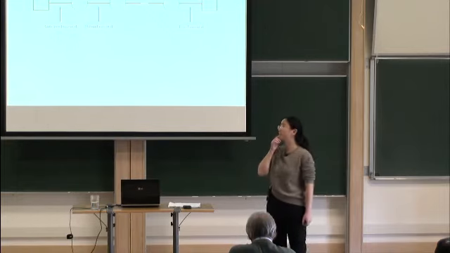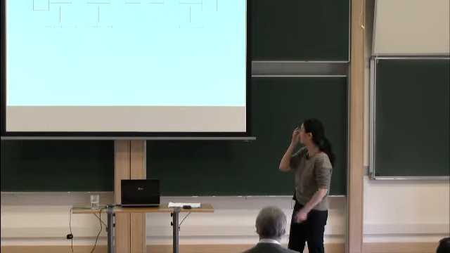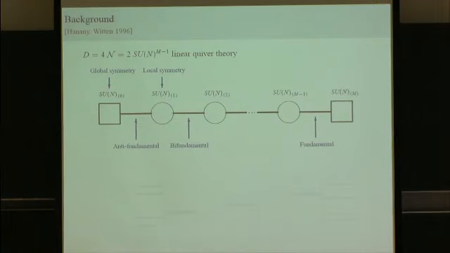The starting point of this work is four-dimensional N=2 SU(N) linear quiver gauge theory, which can be written using a quiver diagram with M-1 SU(N) gauge groups. The bifundamental hypermultiplets are charged under the gauge symmetry groups.